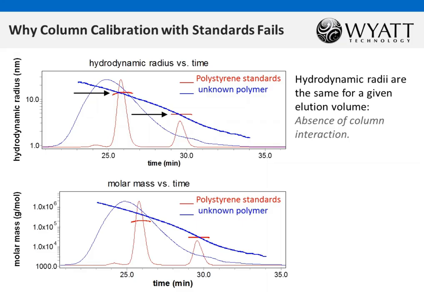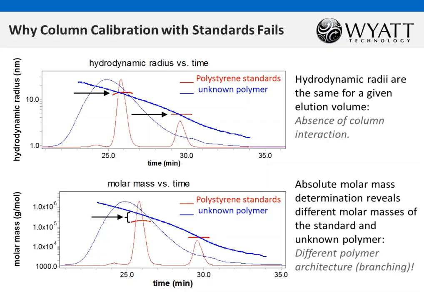The chromatogram on the bottom shows the overlay of molar mass versus time. Here we can clearly see that the molar mass of the unknown polymer is higher at the elution volume of the 200 kilodalton polystyrene standard. Higher molar mass for a given size indicates a more compact architecture.